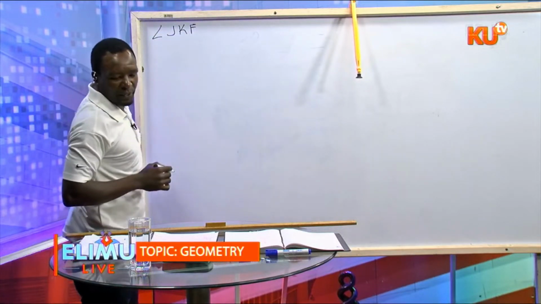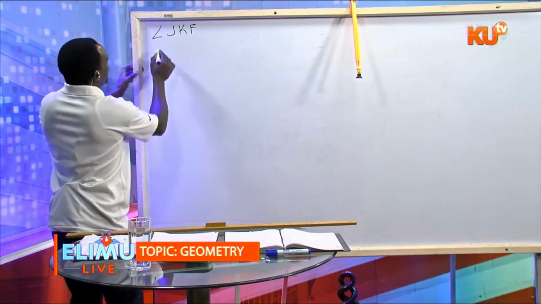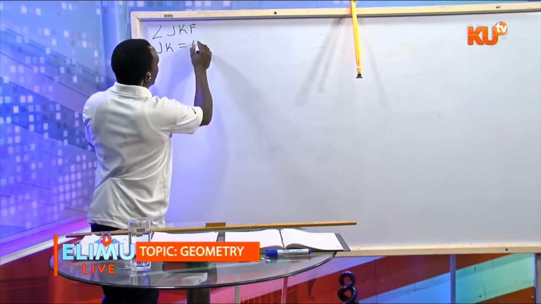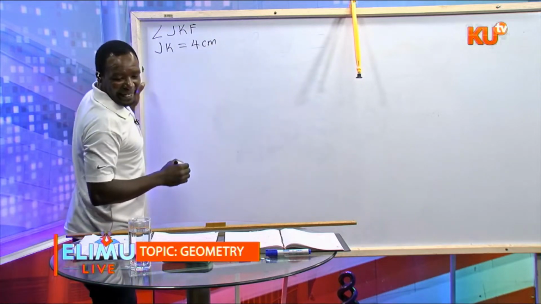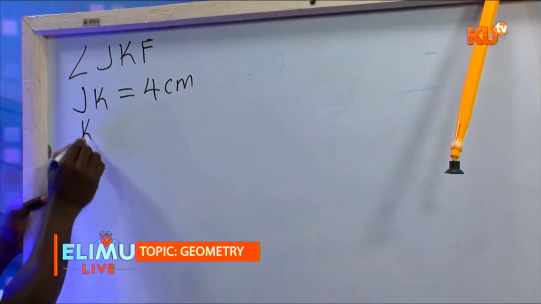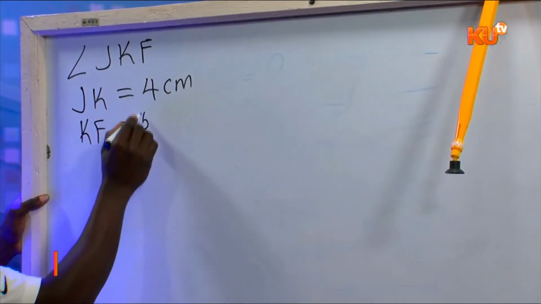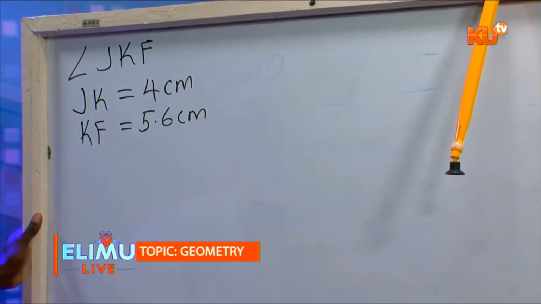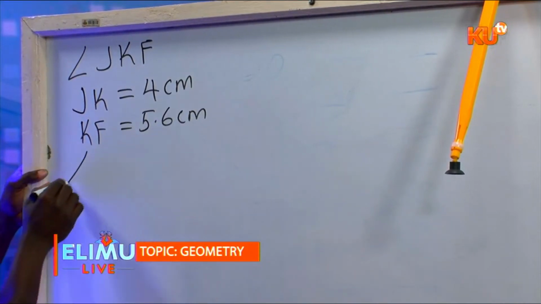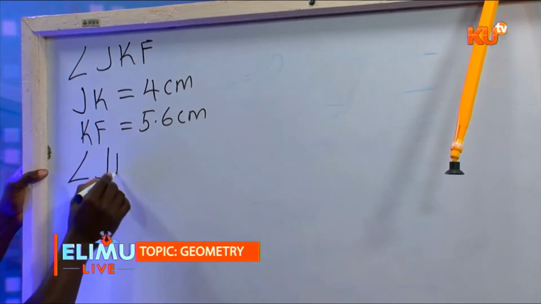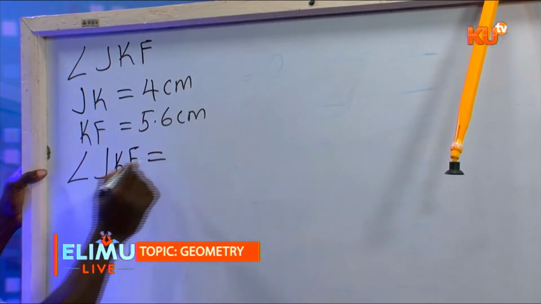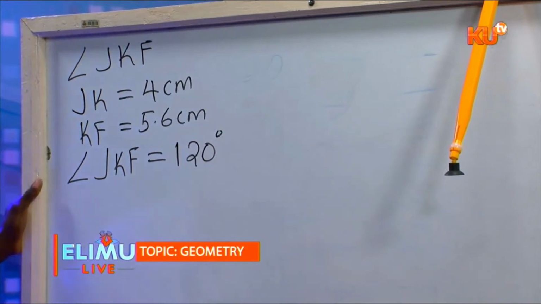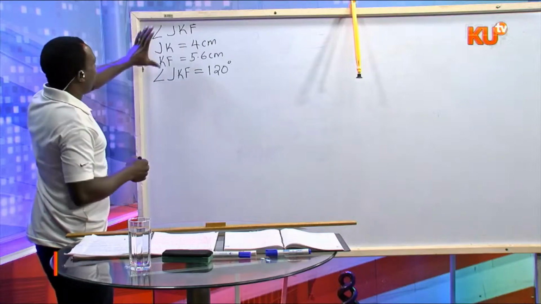That is the triangle that you're required to construct, in which JK is equal to 4 centimeters, and KF is equal to 5.6 centimeters, and angle JKF is equal to 120 degrees. Now you have this information.